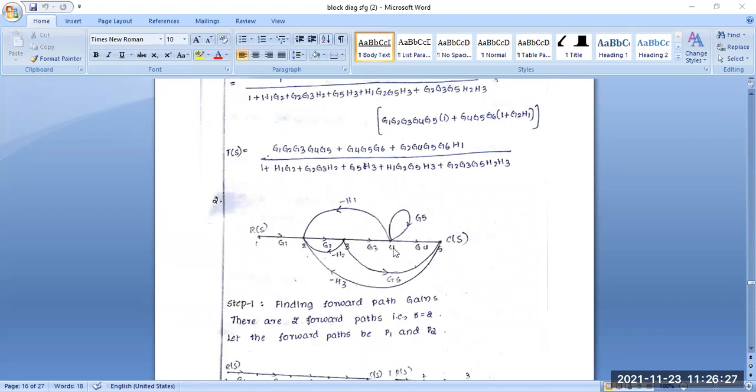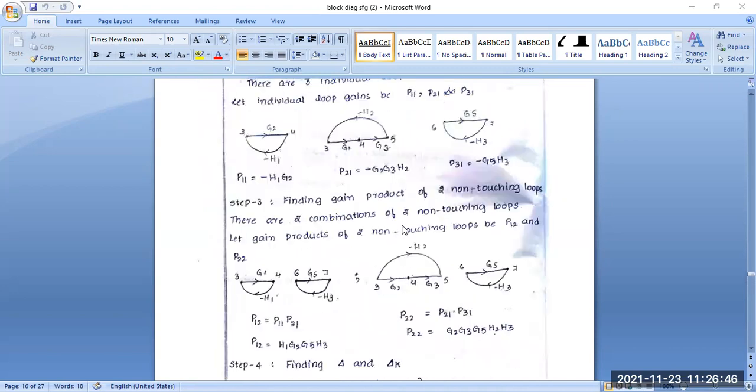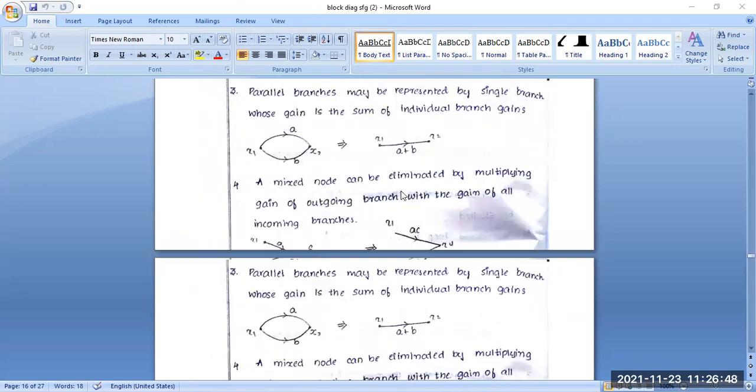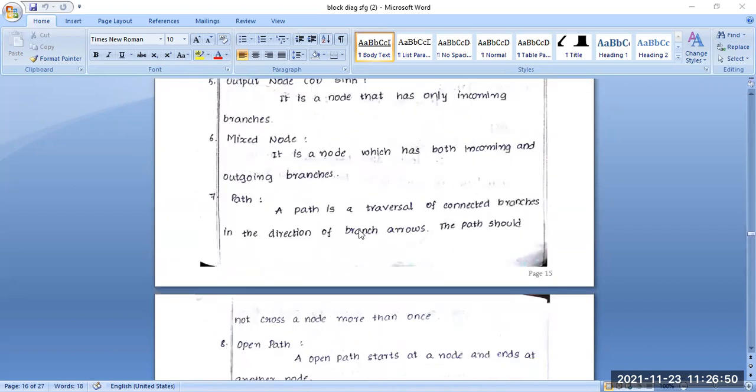This point, where our mouse pointer is, is basically the starting node, and this node you have to see, this is the loop, it is the starting and ending point, it is the same point. So this loop or path is called the closed path. Okay, so we have discussed open path, and another one is the closed path.